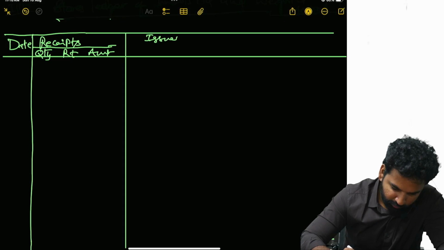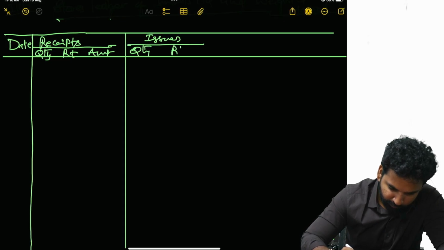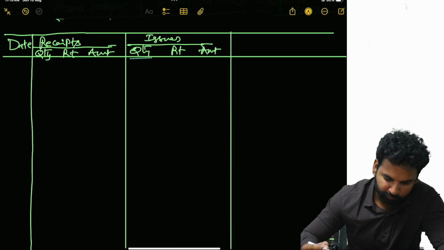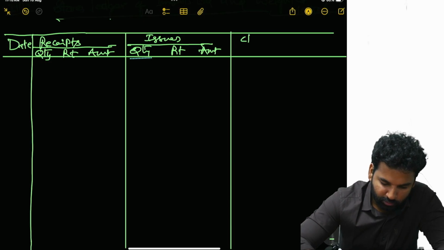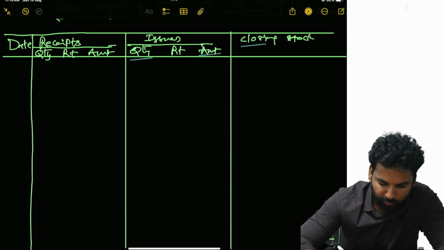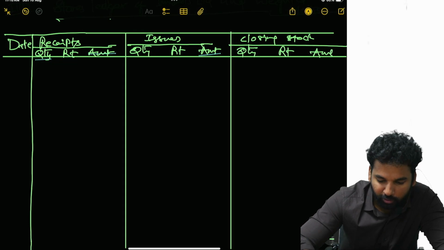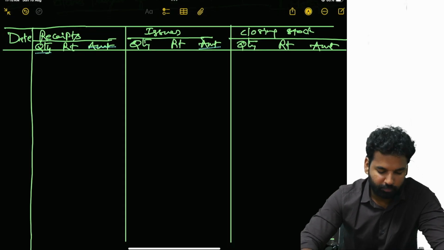Issues, quantity, weight, amount. Next, closing stock balance, quantity, weight, amount. Okay, right.